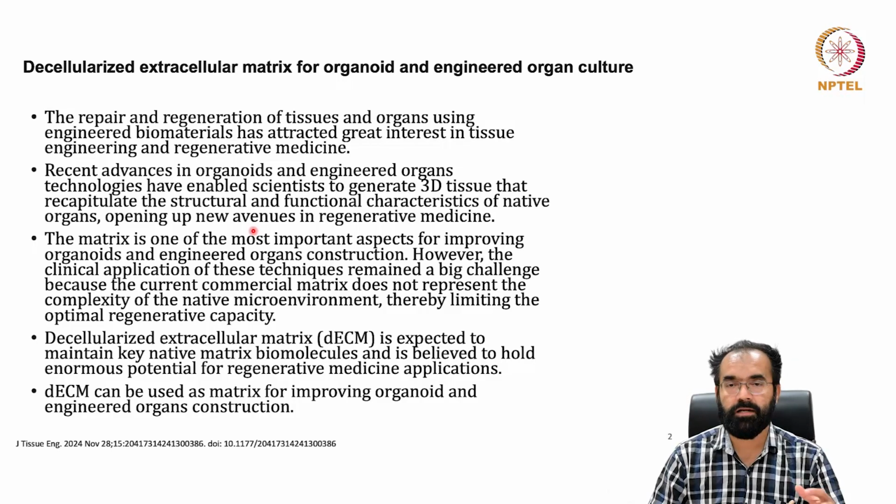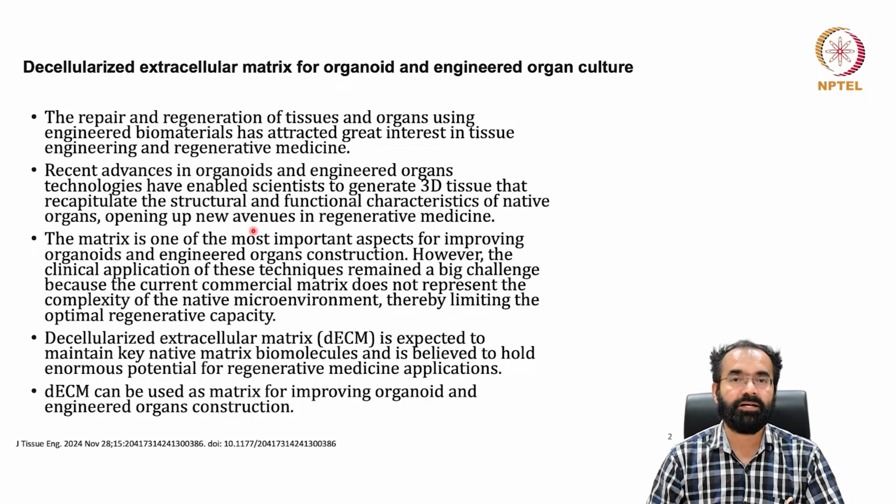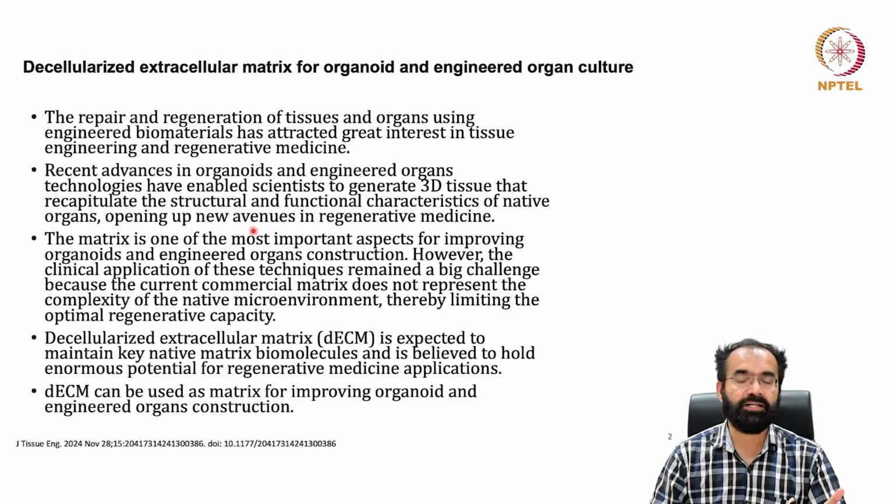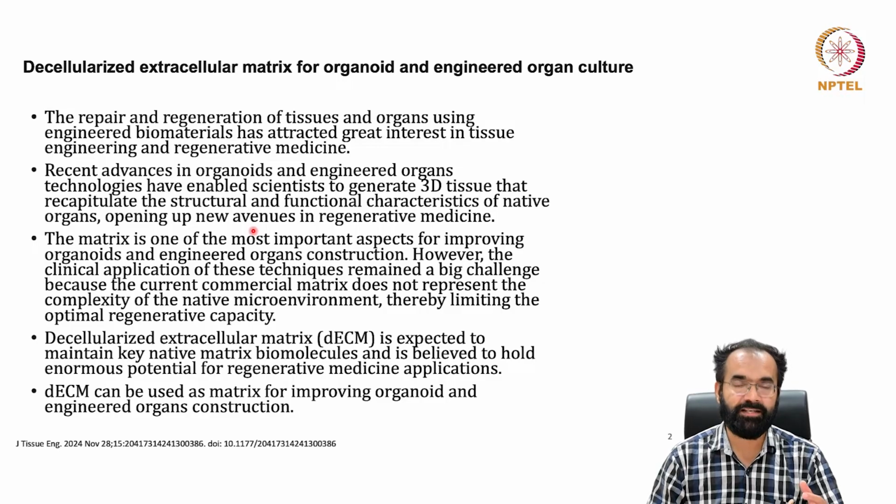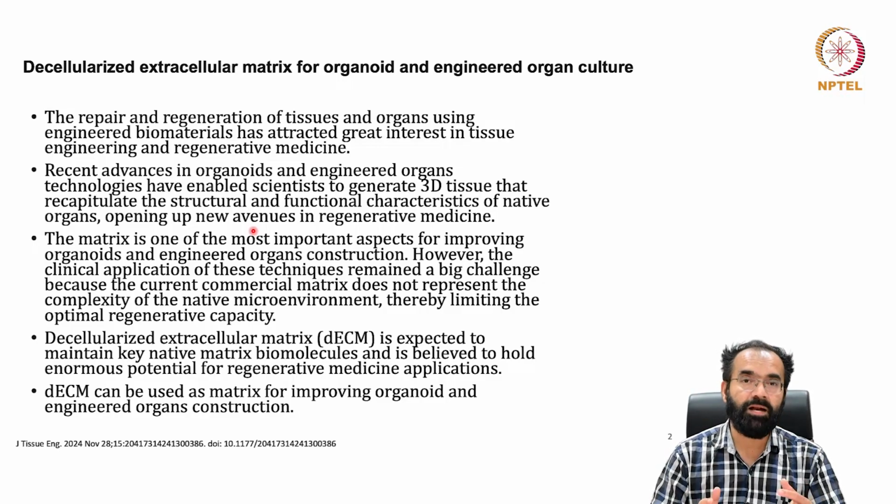Artificial matrices are used extensively due to their various biological properties, but they come with their own challenges. But now people have shifted to using natural ECMs or natural matrices, which is the same matrix an organ had. Say for example, if you want a liver, use the matrix from liver only.